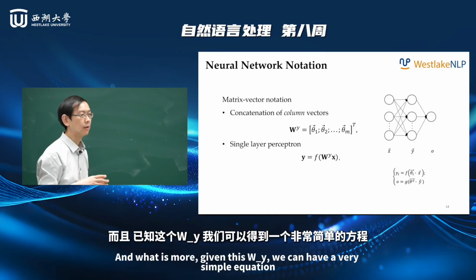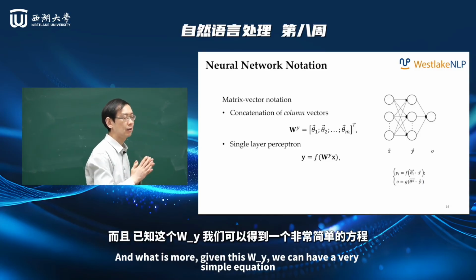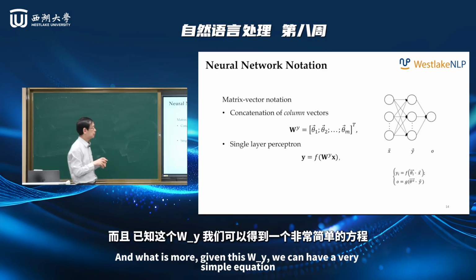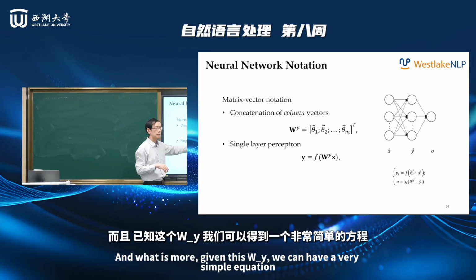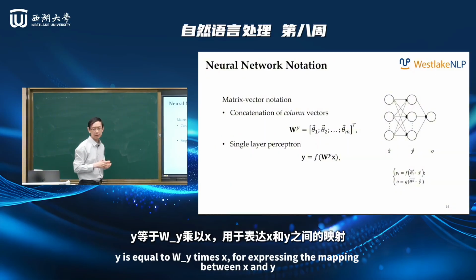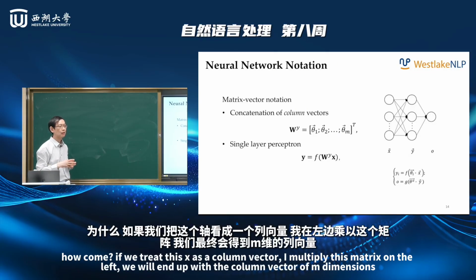And what is more, given this W_Y, we can have a very simple equation: y is equal to W_Y times x for expressing the mapping between x and y. How come?